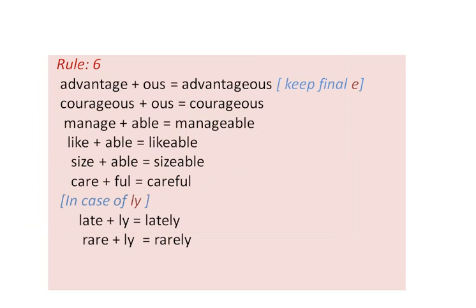Now go to rule 6. Here you have to keep the final E. When the word ends in the letters CE or GE, you will keep the final E if the suffix begins with the letter A or O. For example, advantage plus ous, advantageous.